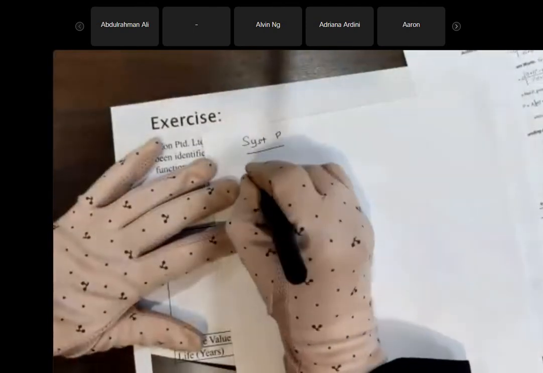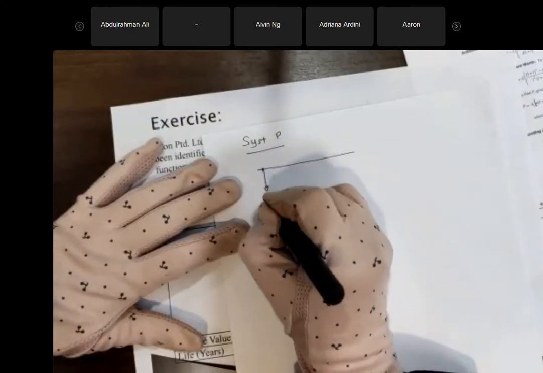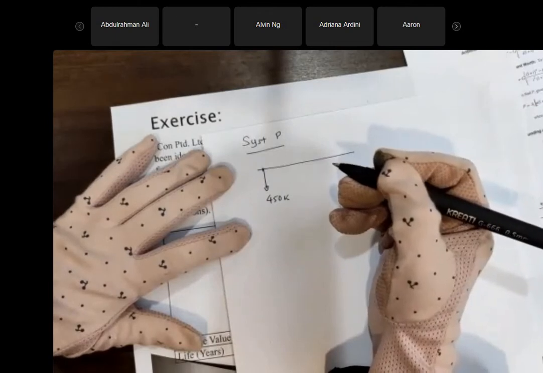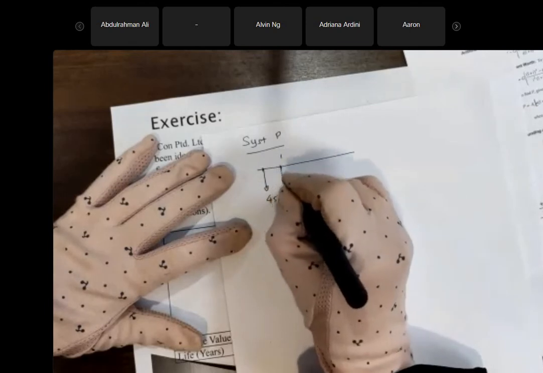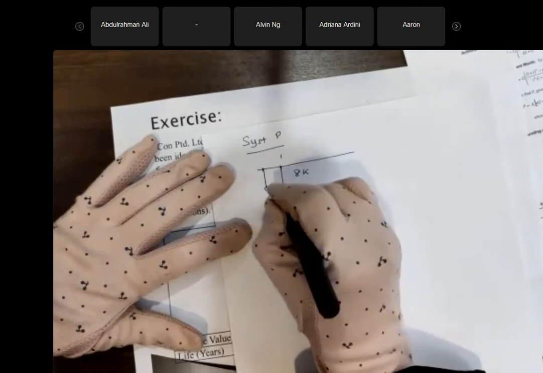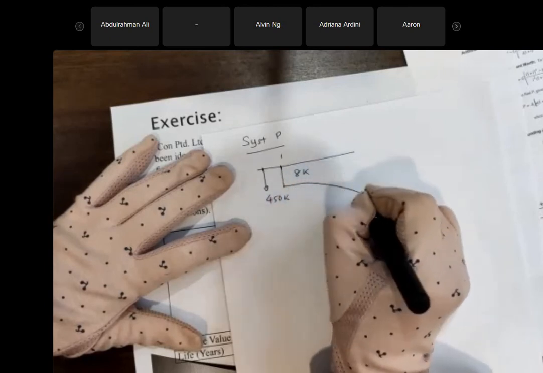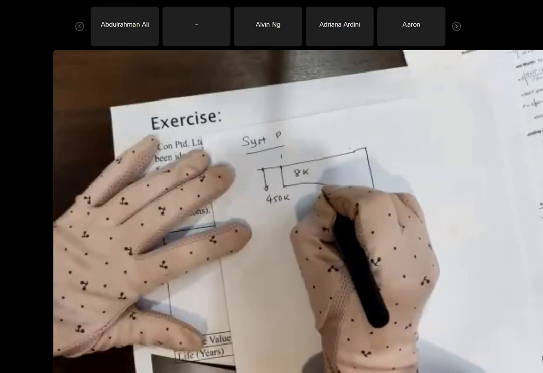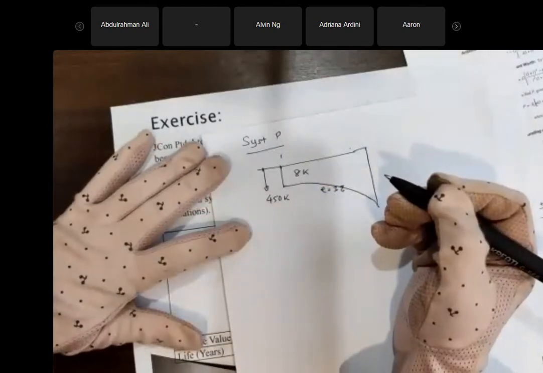Okay, initial cost is 450K. Operation cost starts with year 1, 8,000, so 8K, until when? Spread. Oh, okay, there is an exponential gradient. Exponential E is 3% until the end of its life.